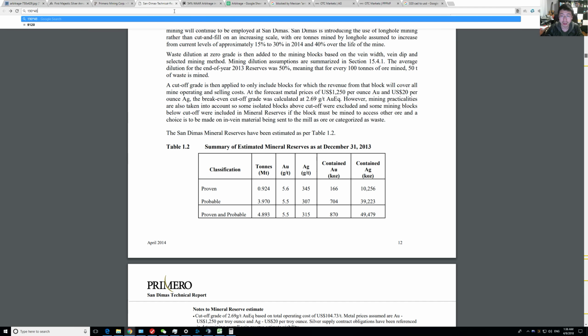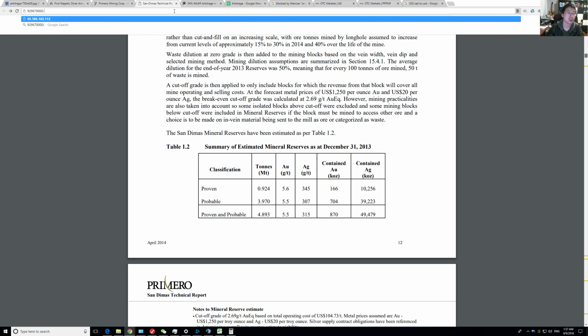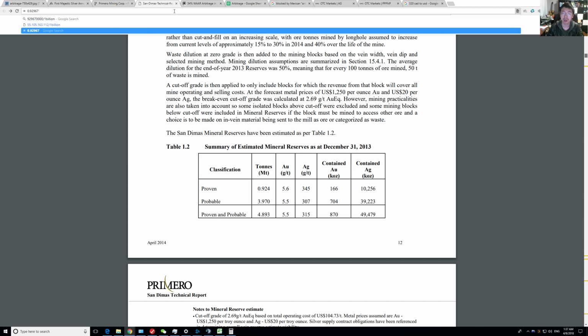So 4893 million. It's a million, yeah. So you get close to $1 billion in value.